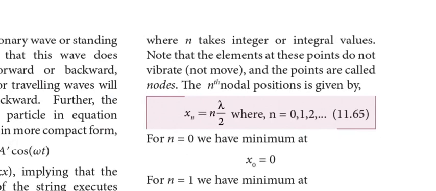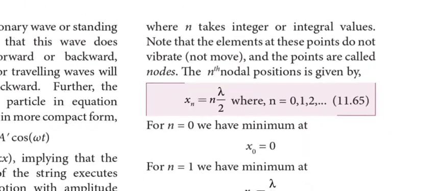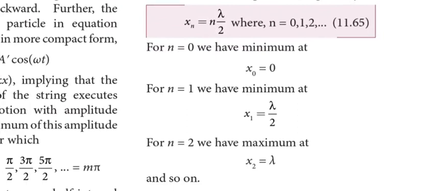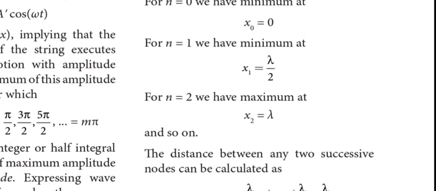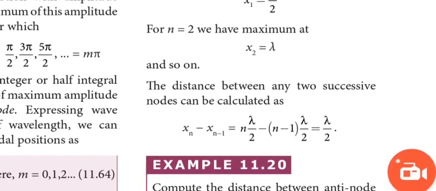In antinodes kx takes the values of pi by 2, while in nodes it takes the values of n pi, so the element does not move. So the nth nodal position is xn equal to n lambda by 2, where n takes the values 0, 1, 2, 3. So x0 is equal to 0, x1 is equal to lambda by 2, x2 is lambda, and so on.